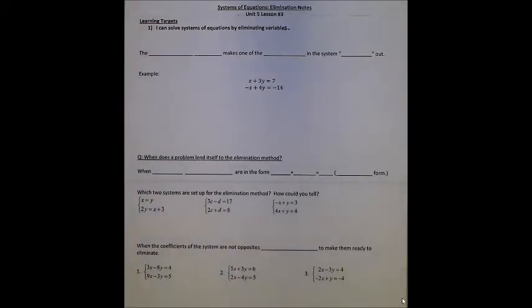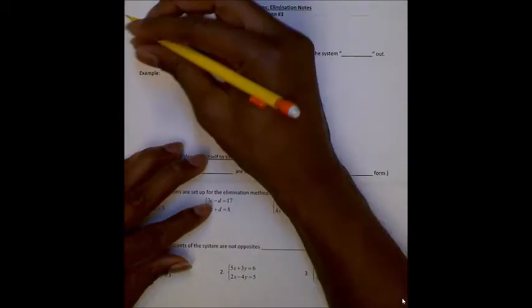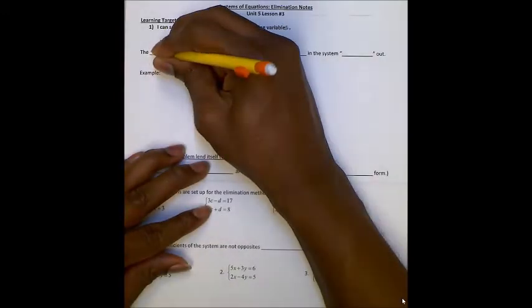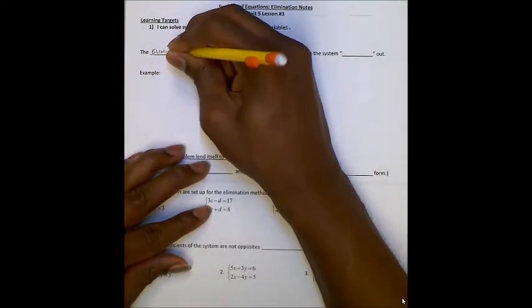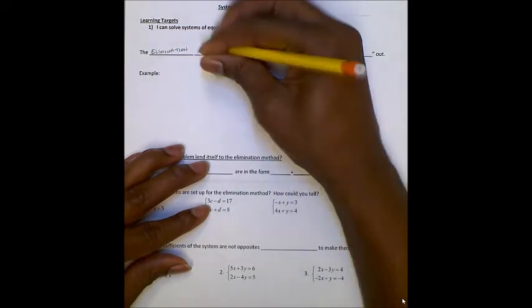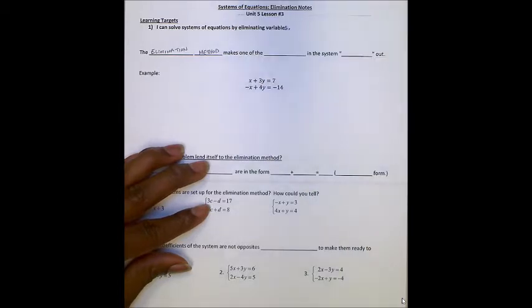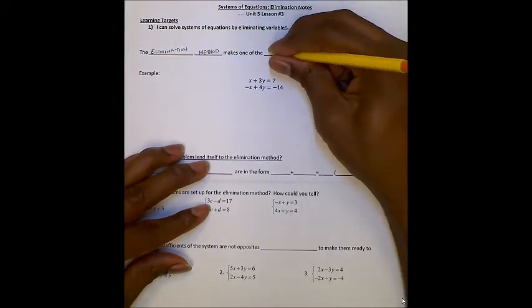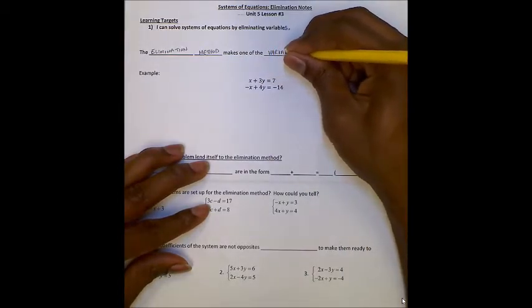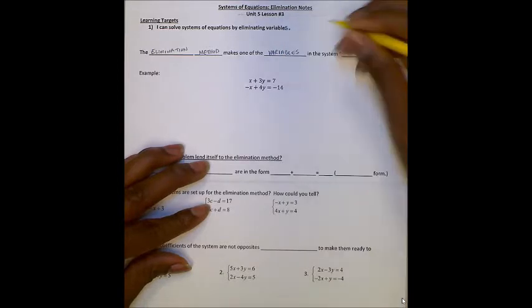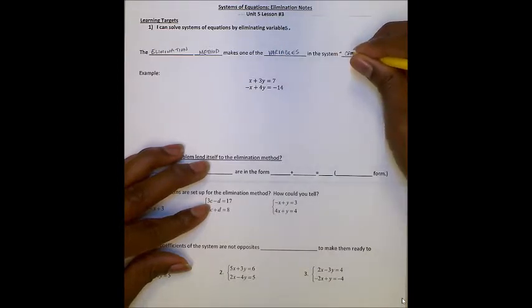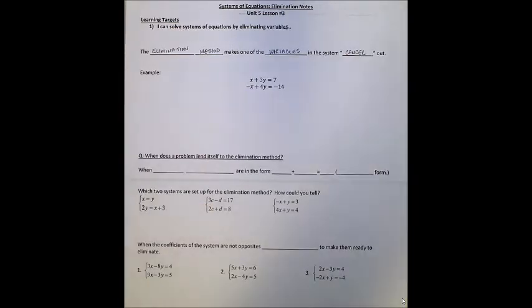Okay, the elimination method, I'll write this all out, elimination makes one of the variables in the system cancel out. So basically we're getting rid of one of the variables in the system, and I'll show you here how we do that.